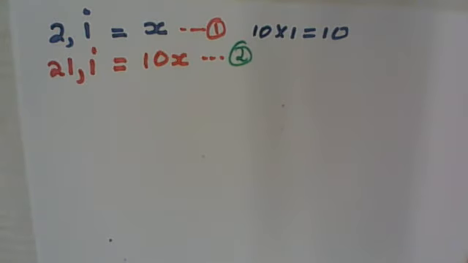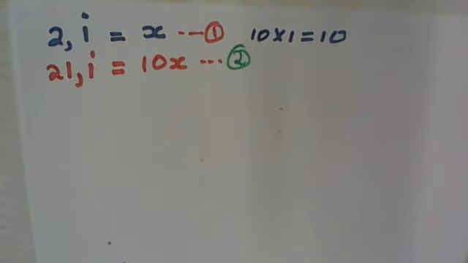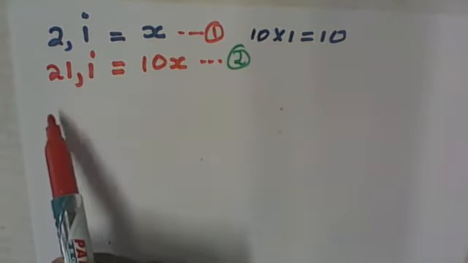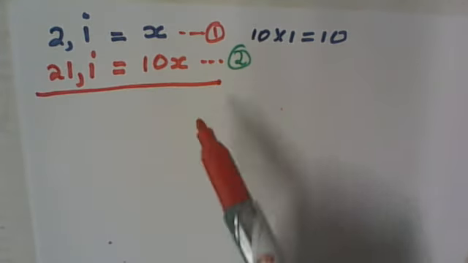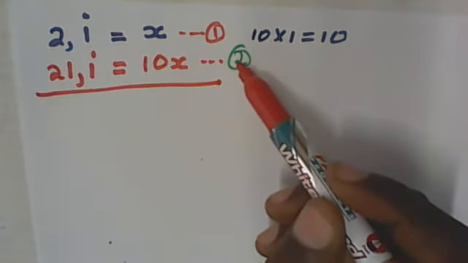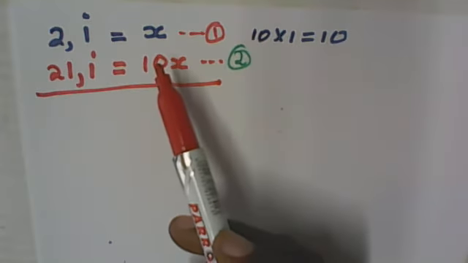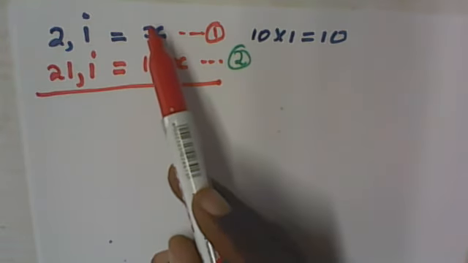So the next thing that we do, step number 3, we subtract this one from this. You will set equation number 2 minus equation number 1. Then that will be 10x minus x.